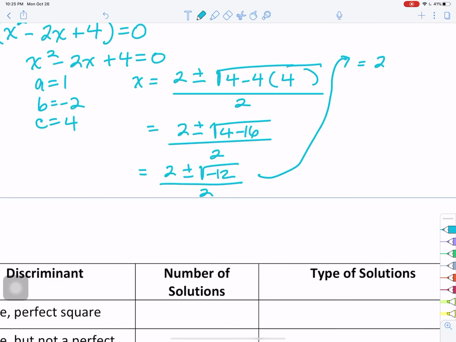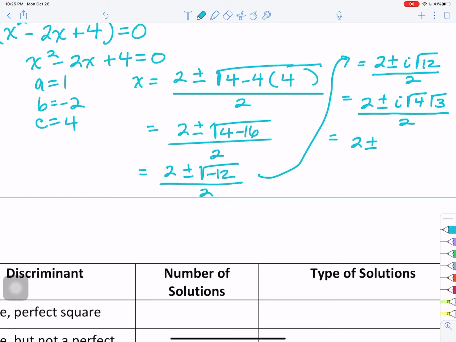That's equal to 2 plus or minus i root 12 over 2. 2 plus or minus i root 4 multiplied by root 3 all over 2. 2 plus or minus 2i root 3.